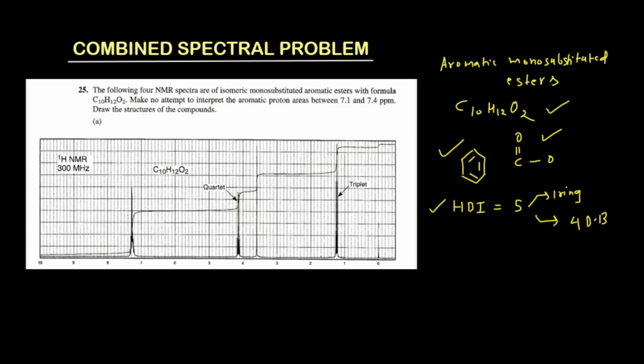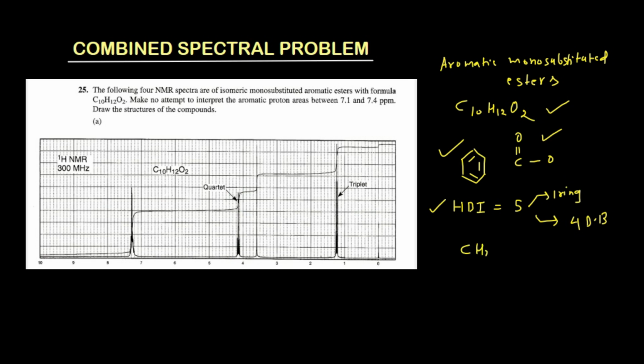So you can see here, this is my quartet, and this is my triplet. There is a very big difference between the chemical shift of the triplet and the quartet. This quartet is highly de-shielded because it is resonating at 4.1 ppm. But this quartet and triplet is a typical splitting pattern of the ethyl group.